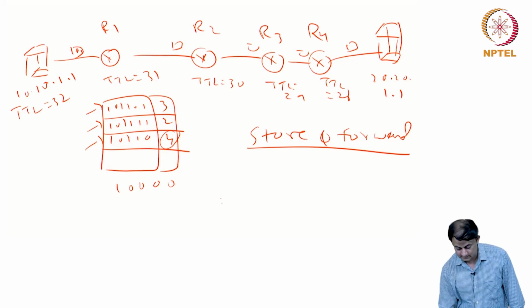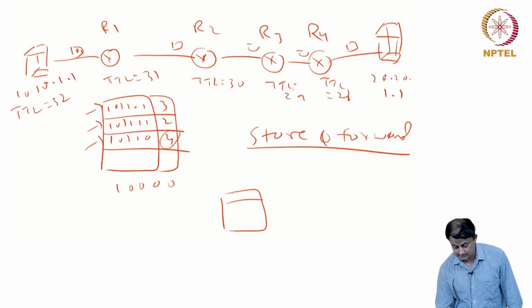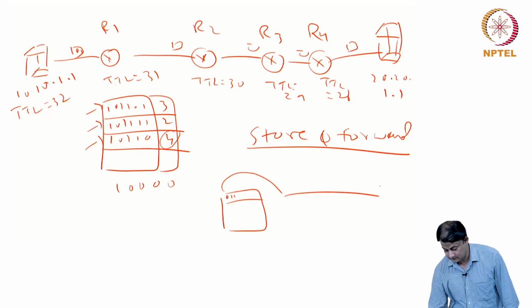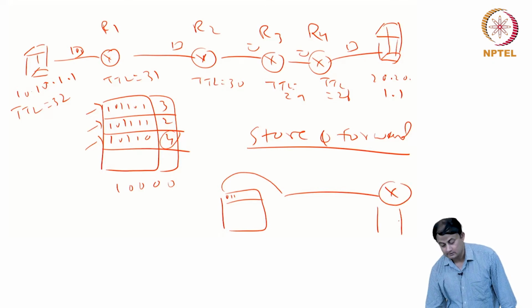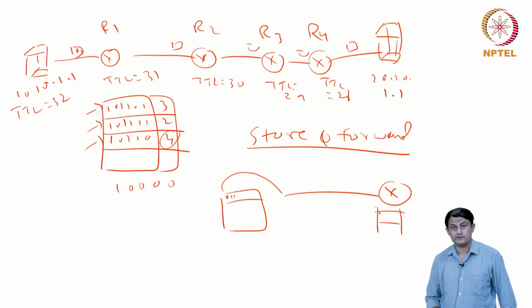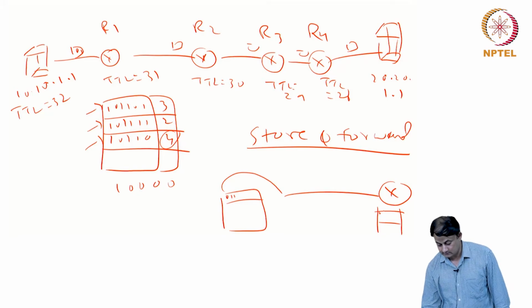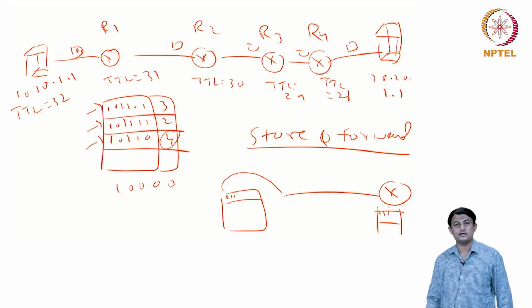If this is my particular packet, and I start transmitting from the left-hand side, this bit is going to arrive first. If this is the router and there is a buffer here, this bit comes and sits here, occupying space here, and the next bit arrives in the next sequence and comes and sits in the next position, and the third bit comes and sits here, something like this.